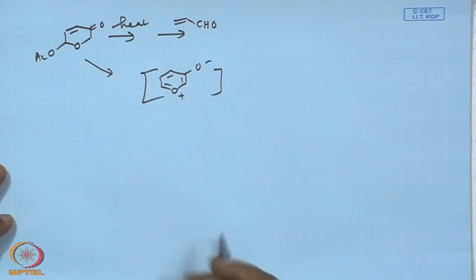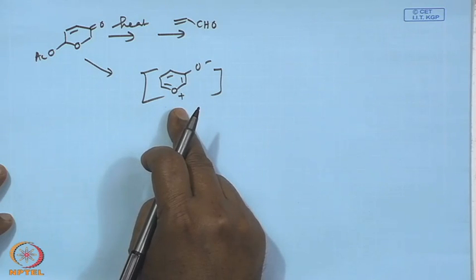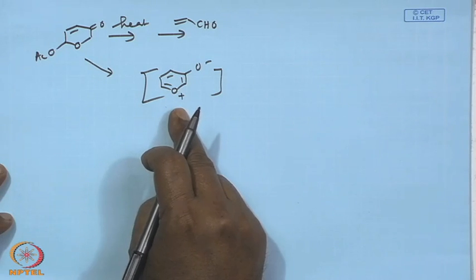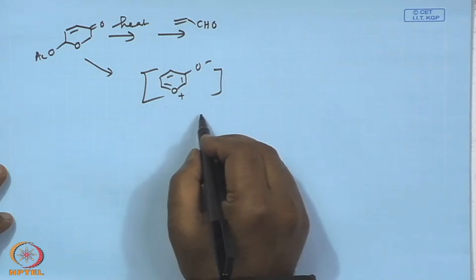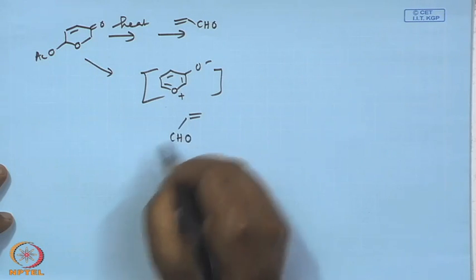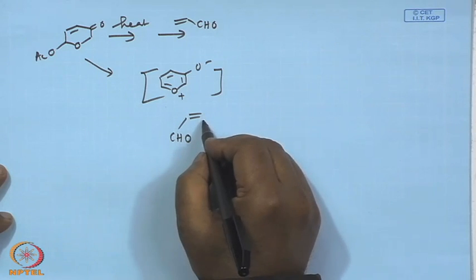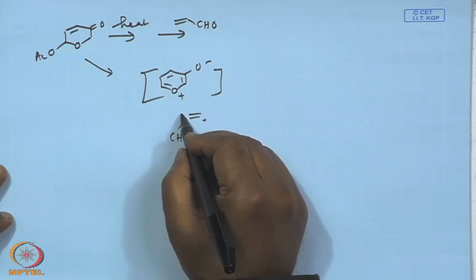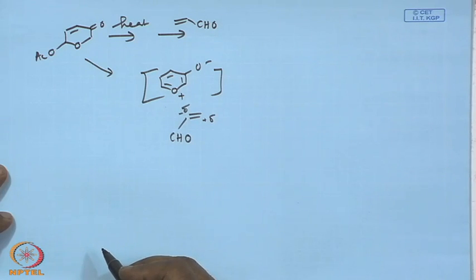Fine. Now let us look at the reaction. So if you have this kind of pyrylium cation, you can quickly see what can be done. This is easier to see if you have a well polarized double bond. That means this is plus and this is minus, right, we all know, because of the polarization of the double bond.